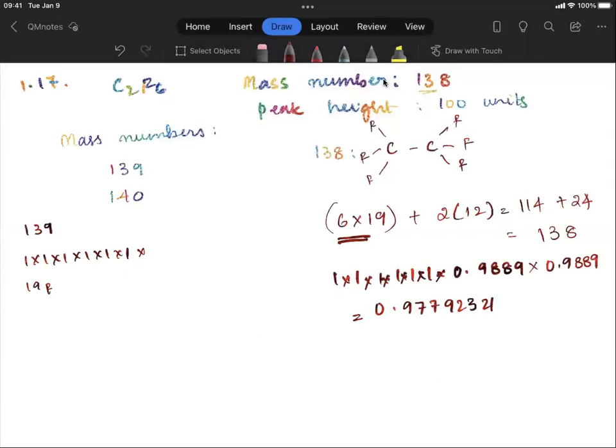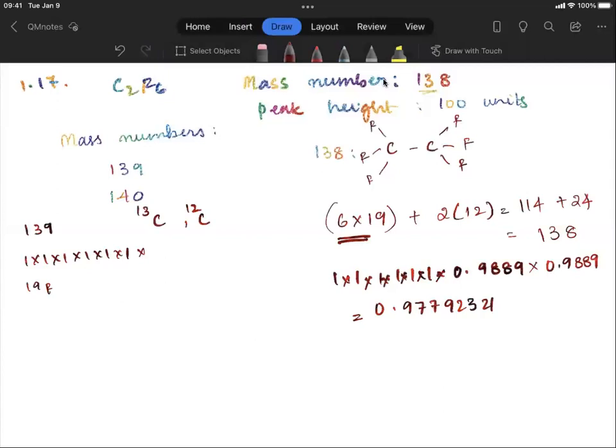And if you were to have 139 units instead of 138, it means one of the carbon atoms has a mass of 13 units and the other has a mass of 12 units. Now, we don't know which carbon has a mass of 13 units and which has a mass of 12 units, right?